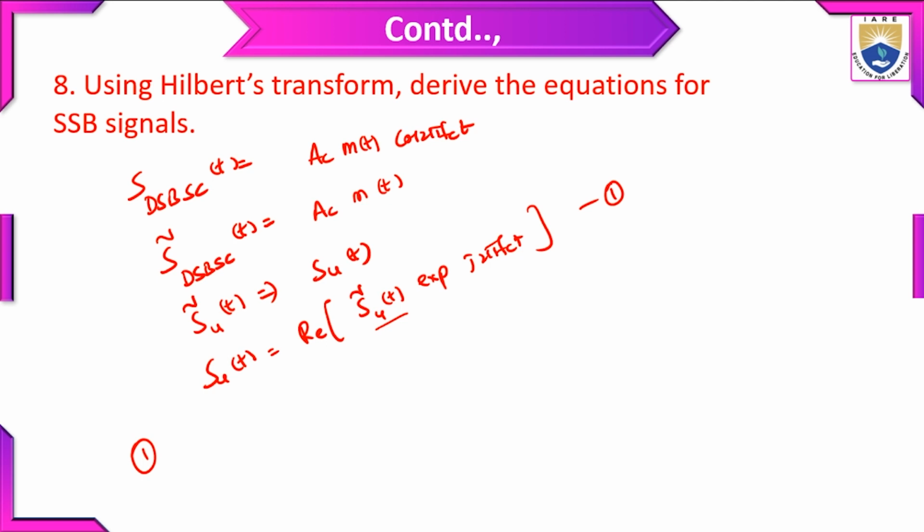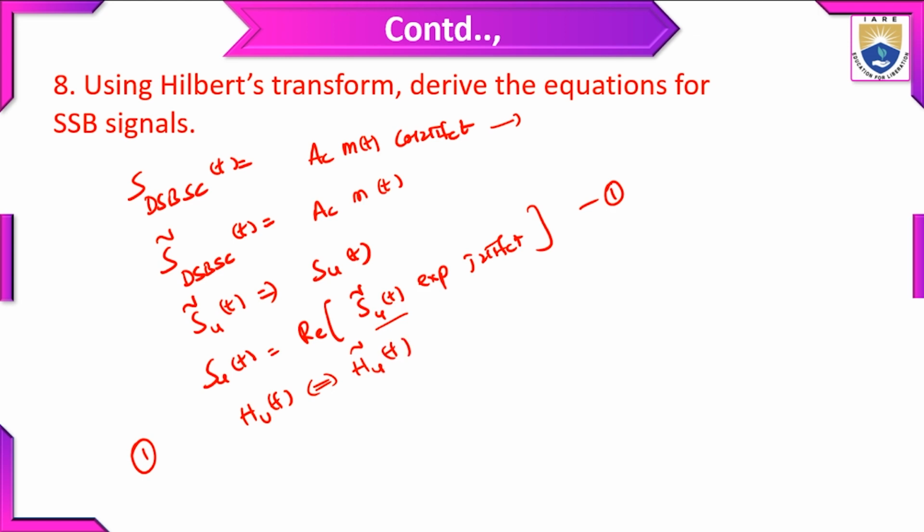First we generate the DSB signal, and this DSB signal is passed through a bandpass filter, so I require the transfer function of that bandpass filter. The bandpass filter transfer function Hu of f is replaced by an equivalent LPF transfer function, this H tilde u of f.